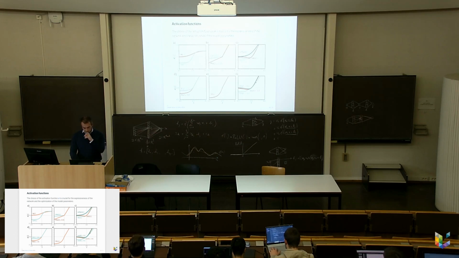This is not too important for you, but you are also free when you design a neural network to pick other activation functions. We have seen two of them so far: the sigmoid activation function, which appeared in the logistic regression model, and the ReLU activation function. These activation functions are really super important.